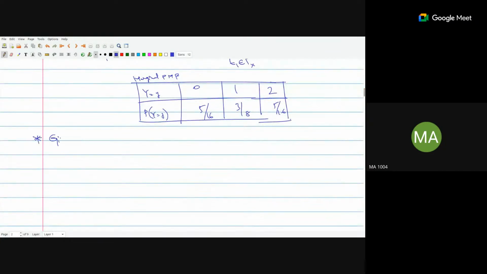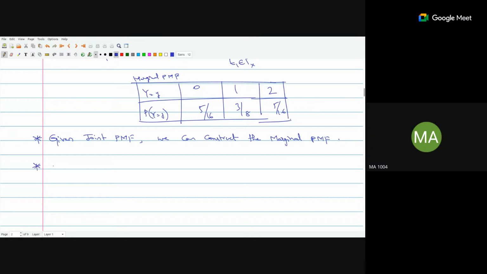So given joint PMF, we can construct the marginal PMFs, and this is true. But will the vice versa work?